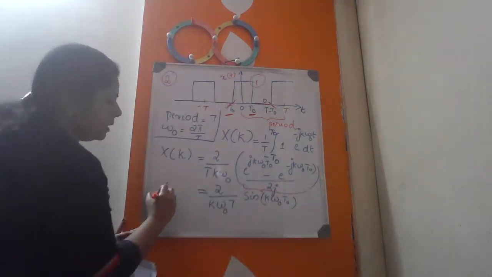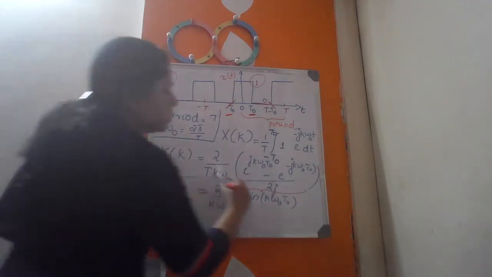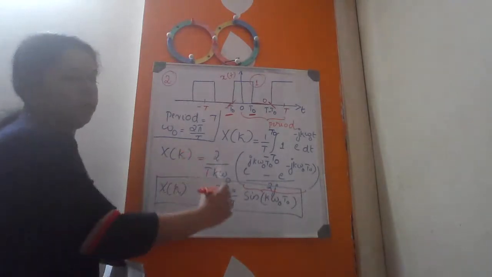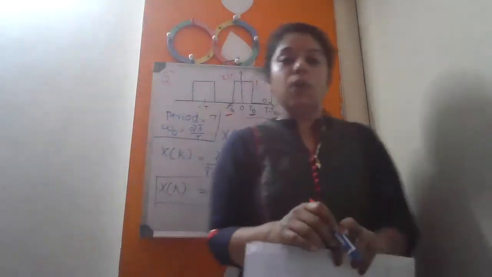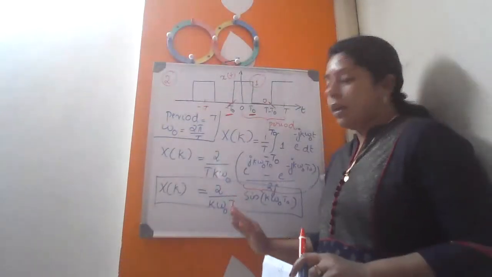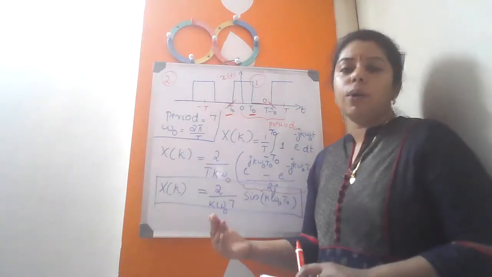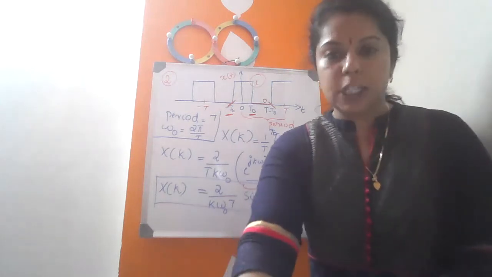So I can represent this in terms of sine, and this is the Fourier series coefficient I get after integrating and substituting the upper and lower limits. So we calculated the Fourier series coefficient of the given signal. Next we have to find the amplitude spectra and phase spectra.